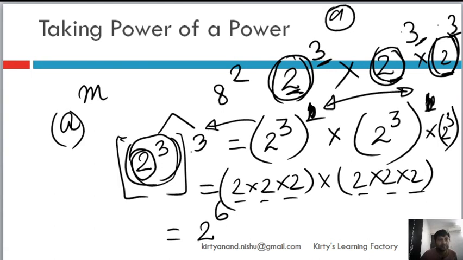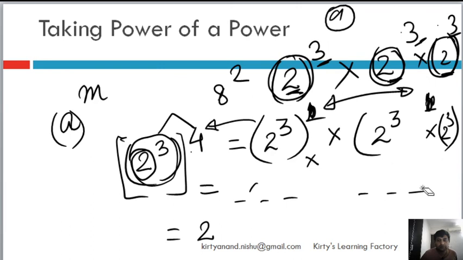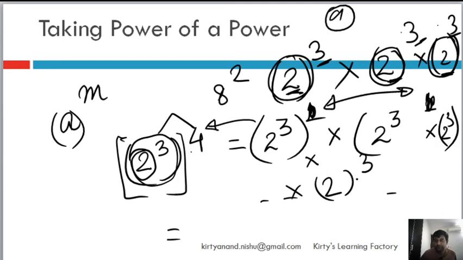It could have been 2 raised to the power 4, so if it was 2 raised to the power 3 raised to the power 4, I would multiply one more 2 raised to the power 3 here, which would then result in one more 2 raised to the power 3 here, correct?